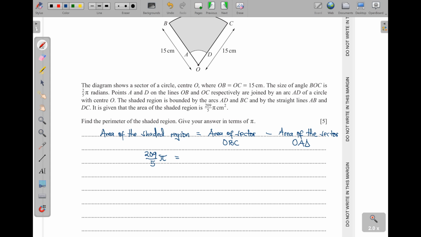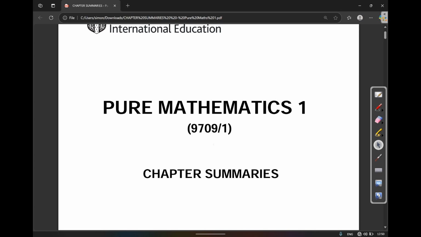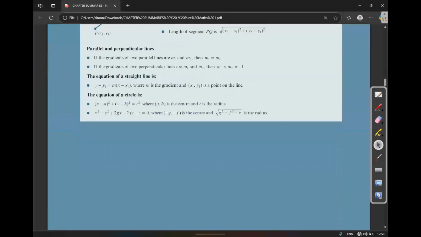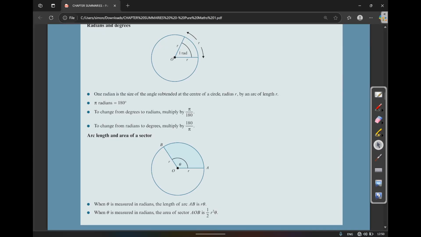Area of a sector, it is given in the list of formulae. When you check your list of formulae, now here I'm going to use my chapter summaries. Circular measure is here. So the area of the sector is a half r squared theta. Okay, a half r squared theta.